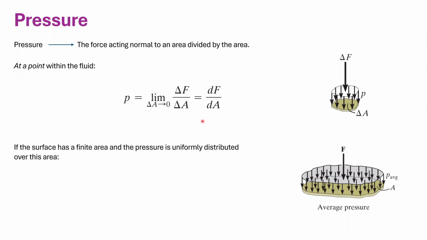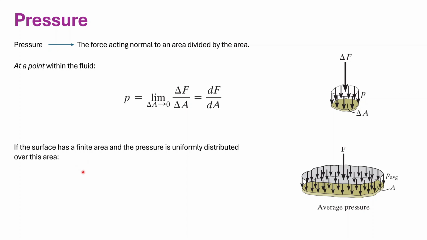And this figure is showing a very small portion of a whole surface, and we can consider that to be a point, and because of that we can write it as P equals dF divided by dA, where this area here is very close to 0.